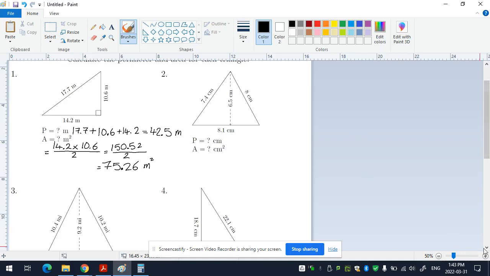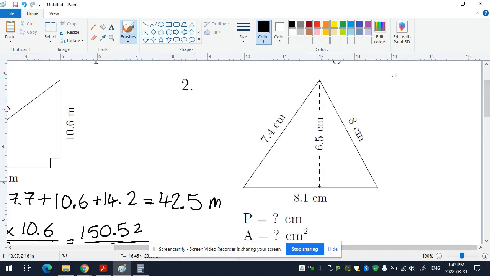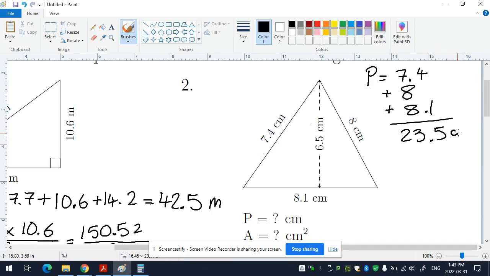So what's perimeter? Perimeter equals, and it doesn't matter which one you start with. Let's start with the 7.4. So 7.4 plus 8 plus 8.1. I can do this one, because 8, 8, 16 plus 7.4 is 23.5. What unit? Centimeters.